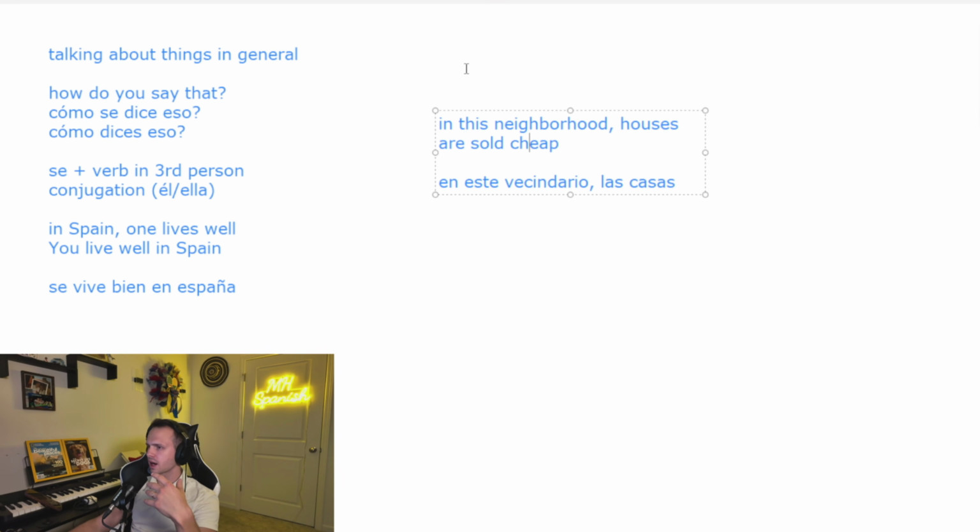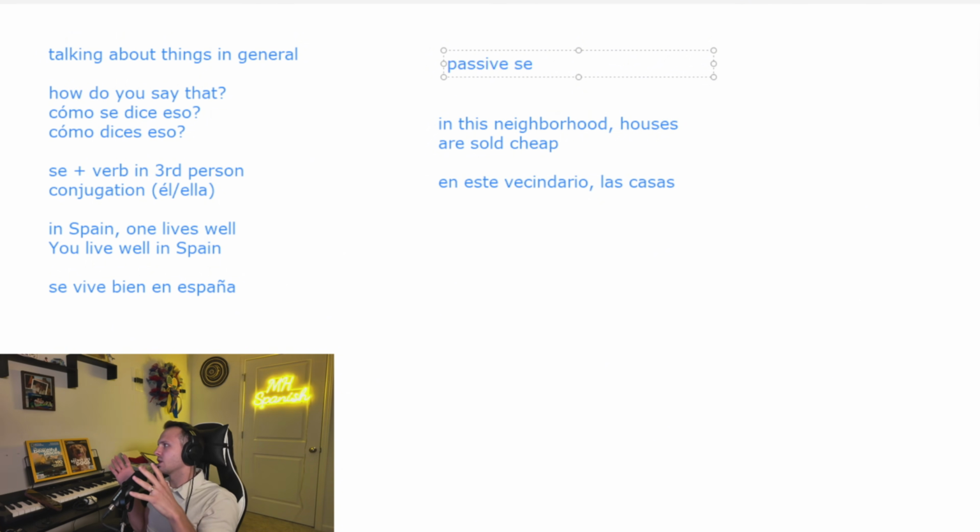This is also kind of getting into a subject called the passive se, which I don't like to put a lot of these labels on because you'll see things like the impersonal se and the passive se. I don't ever think about that when I'm speaking in Spanish, because how do I like to learn Spanish?